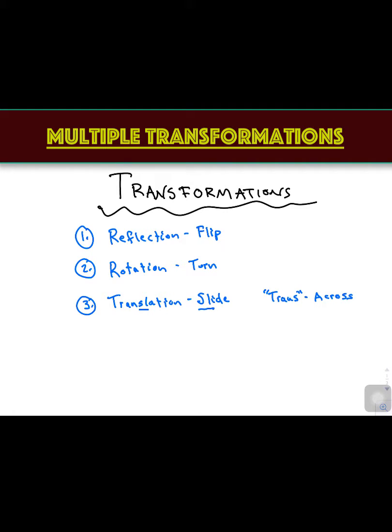So if you have an image and it's currently in quadrant 2, you're going to slide it across to quadrant 1. Another thing you could do when you translate, when it says to go across, it might say right 6 units. And you might see that your image has translated across 6.